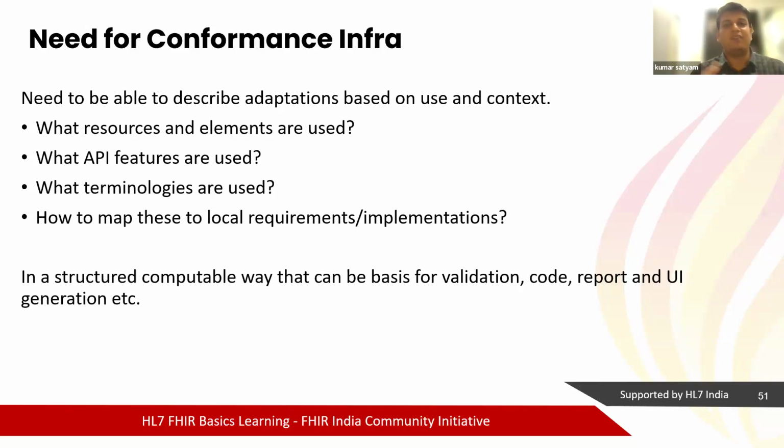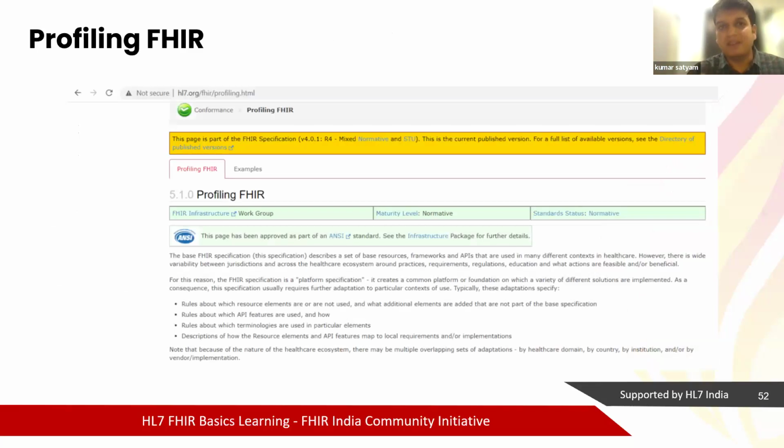So there has to be a way where your FHIR server should be able to tell these things. Then the receiver or the other parties can take a look at it and figure out what is supported and what is not supported, and that can be the basis of conformance. One of the tools for making conformance is profiling.